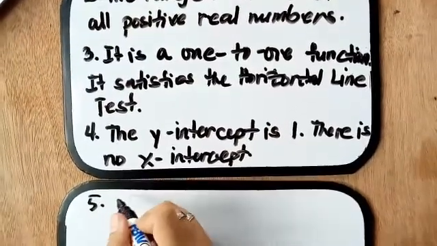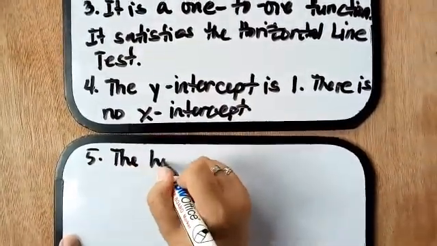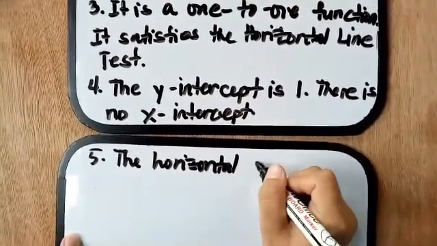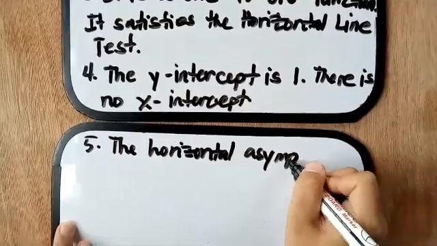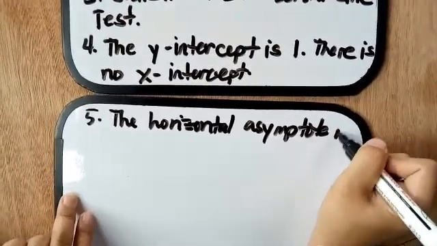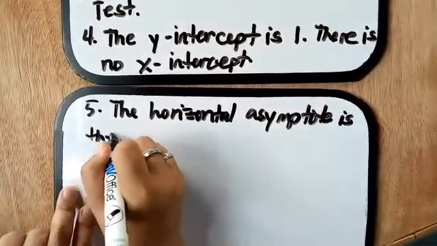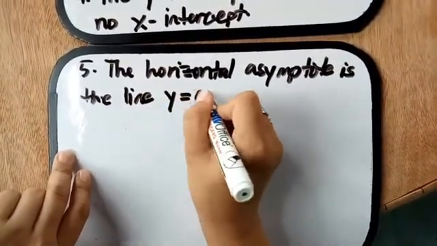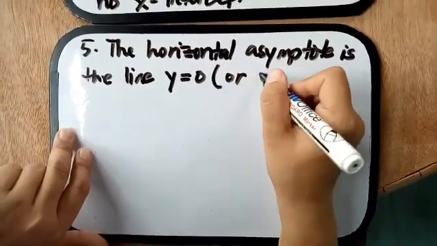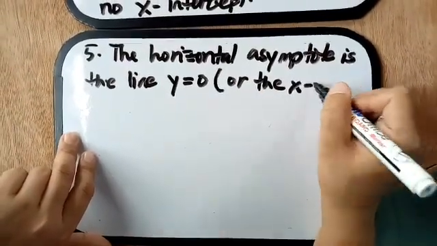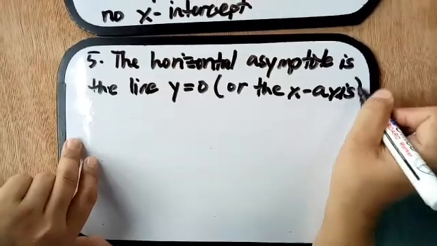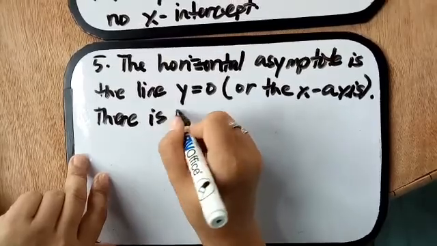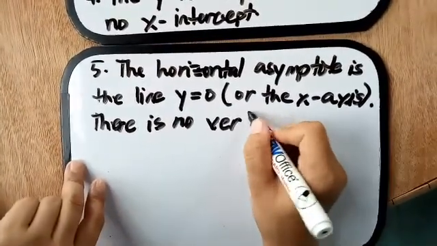Number 5, the horizontal asymptote is the line y is equal to 0, or that is the x-axis. There is no vertical asymptote.